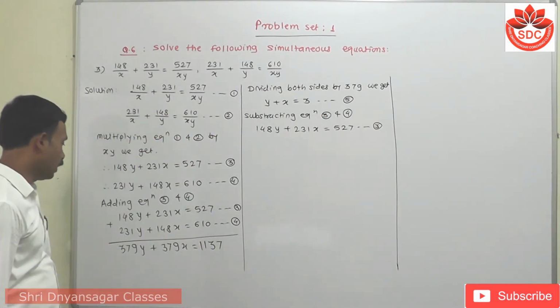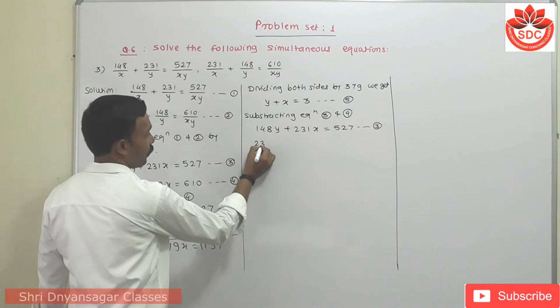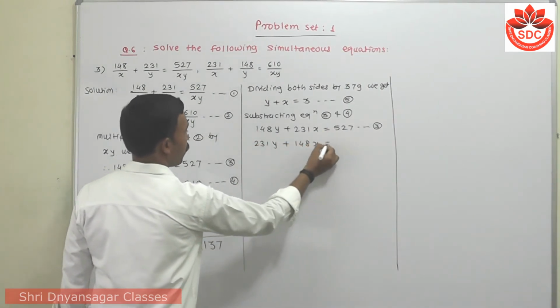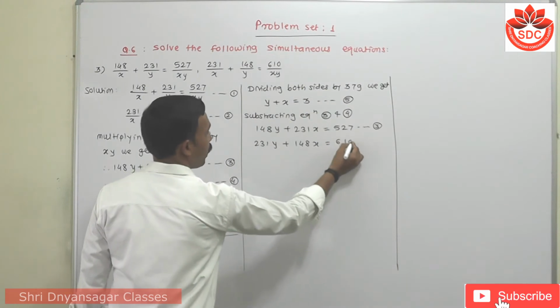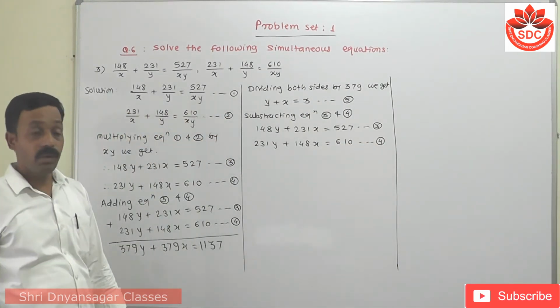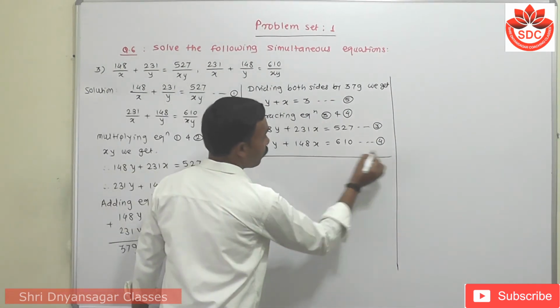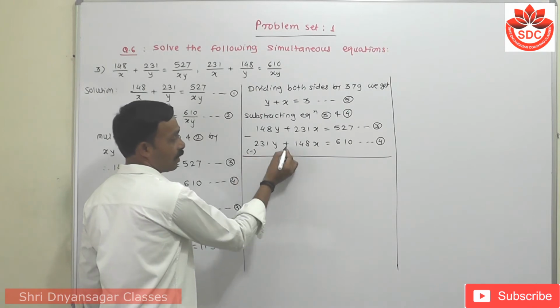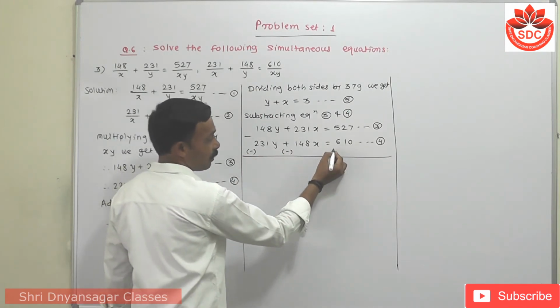Then the fourth one is 231y plus 148x is equal to 610. This is equation number 4. Student, when we subtract it, the signs of the second equation will change. So this plus converts to minus, this plus converts to minus, this plus also minus.